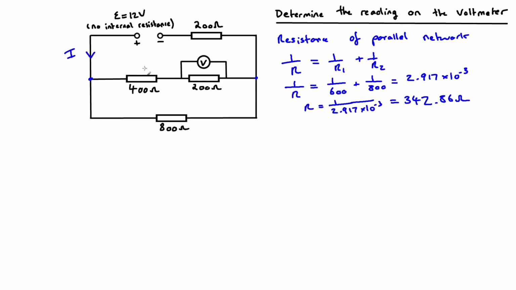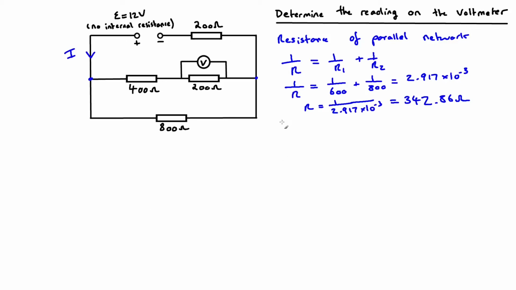Our top branch in total has a resistance of 600 ohms. The bottom branch is 800 ohms. 1 over 600 plus 1 over 800, we can work that out. Don't forget that's giving you 1 over R. So we then work out the reciprocal of that, 1 over this number, to work out the resistance of our parallel network. I've just written down all these significant figures so I don't get a rounding error later on. Okay, we'll round it at the end.